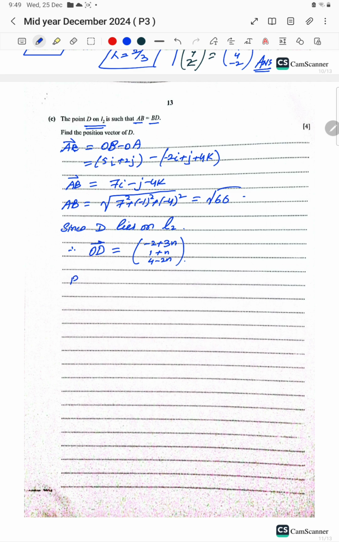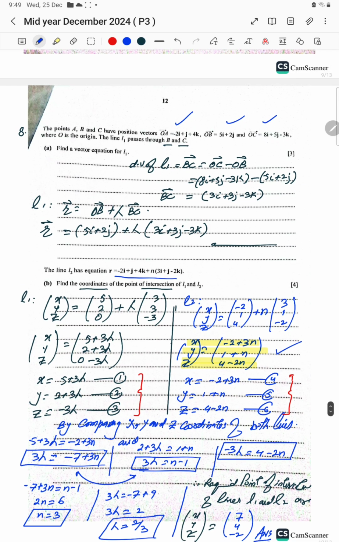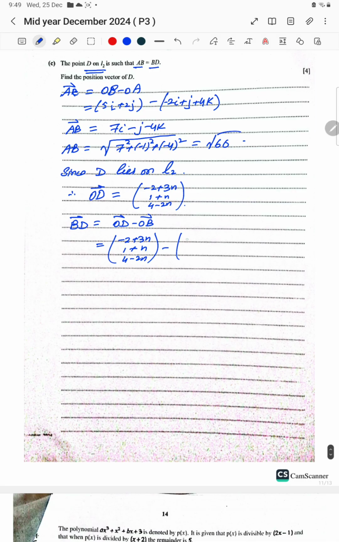So BD, we know BD will be OD minus OB. So OD we have minus 2 plus 3n, 1 plus n, 4 minus 2n, and minus OB in vector form we have 5, 2 and 0, and after simplifying I'll get minus 7 plus 3n, n minus 1, and 4 minus 2n.